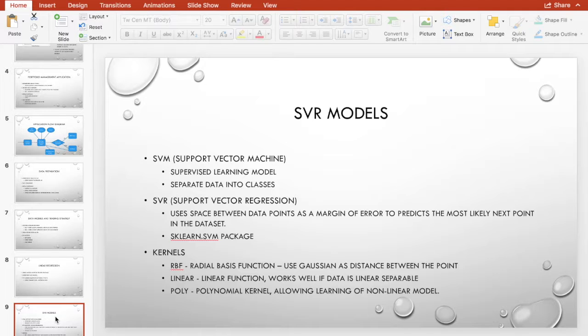Basically, how it works is that you use the space between the data points as a margin of error to predict the most likely next point in the data set. The sklearn package provides the API for SVR as well.